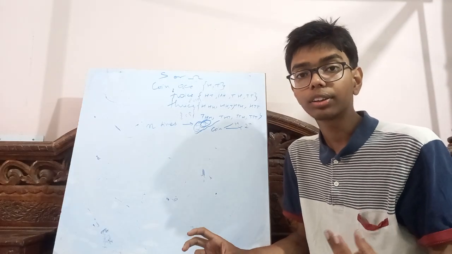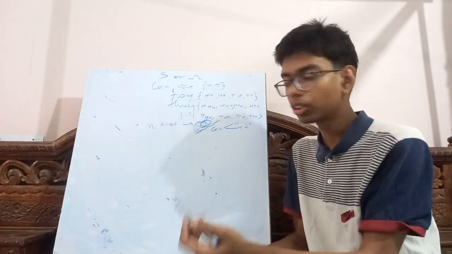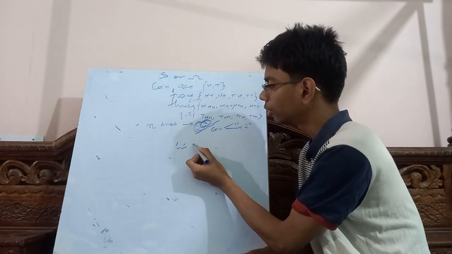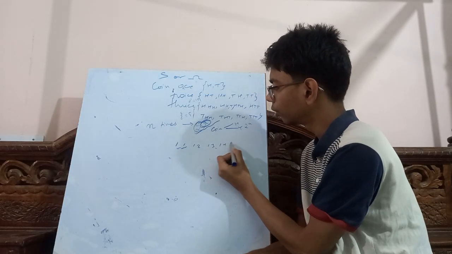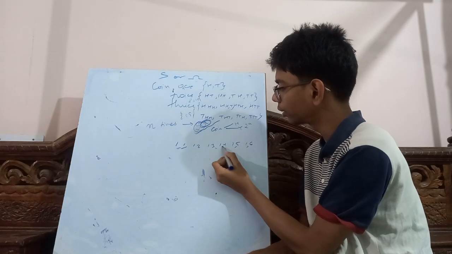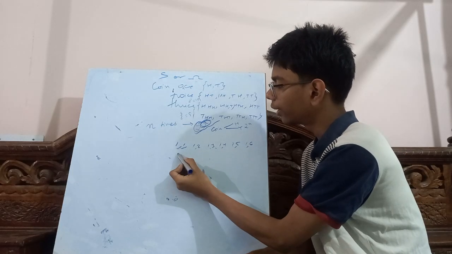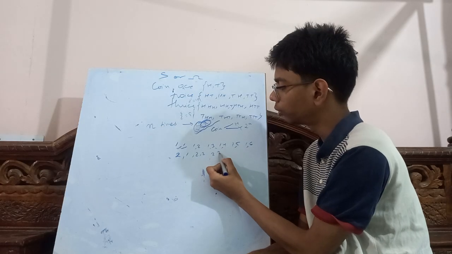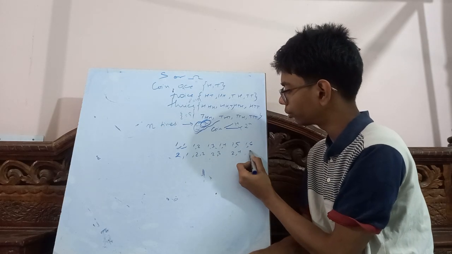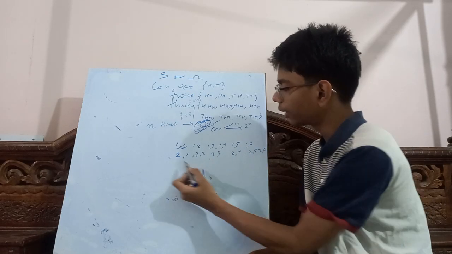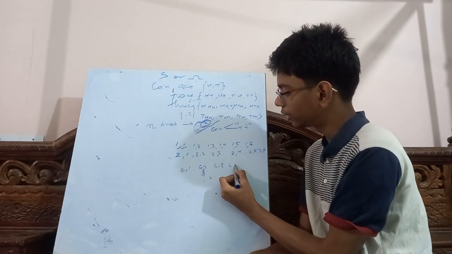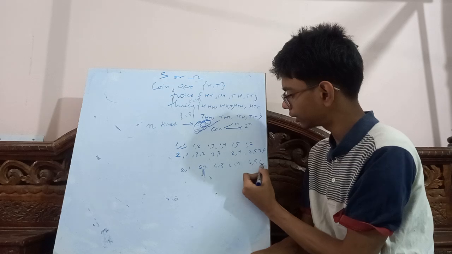Now, for throwing a dice once, I will get 1, 2, 3, 4, 5, 6. If I am throwing the dice twice, I will get 1 with 1, 1 with 2, and so on, then 2 with 1, 2 with 2, and the same with 6: 6, 1, 6, 2, 6, 3, 6, 4, 6, 5, 6, 6.